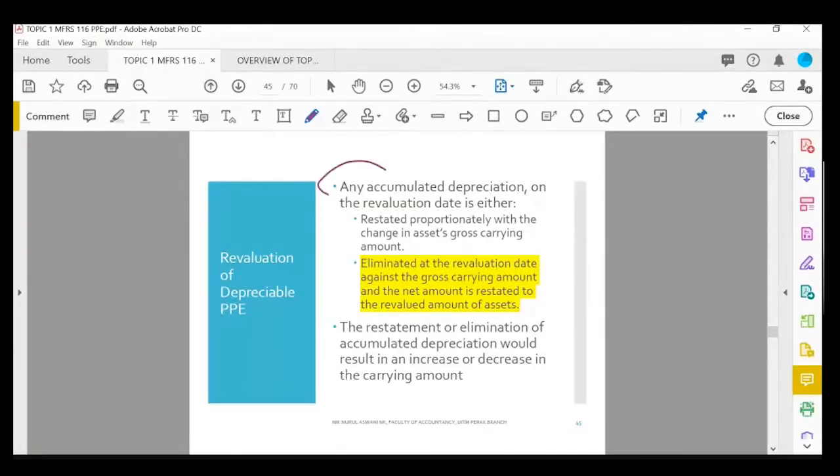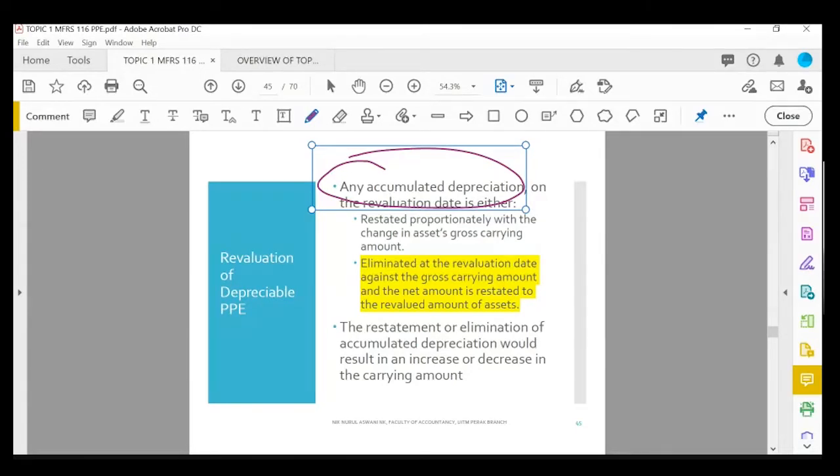Any accumulated depreciation on the revaluation date is either restated proportionately with the change in the asset gross carrying amount, meaning that we recalculate proportionately when we change the fair value, so we recalculate everything.